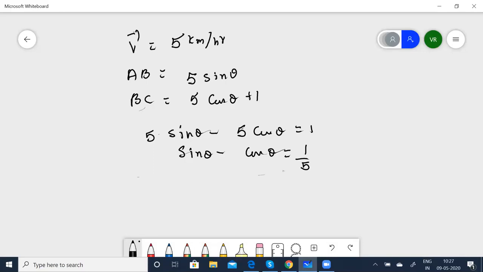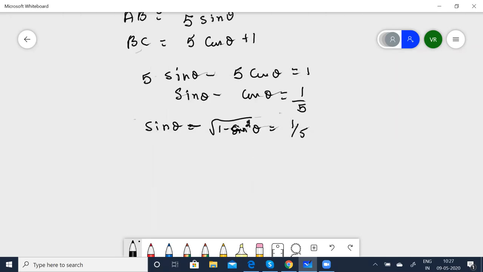Now I can write cos theta as the square root of 1 minus sin squared theta, so sin theta minus root of 1 minus sin squared theta is equal to 1 by 5. Now quickly square and simplify. You'll get a quadratic equation.